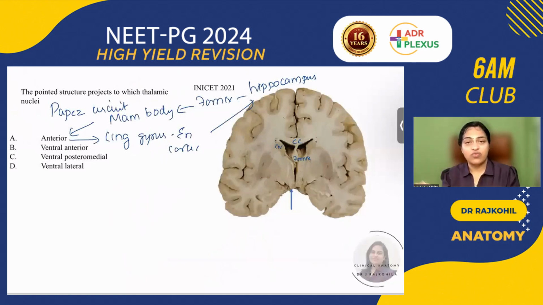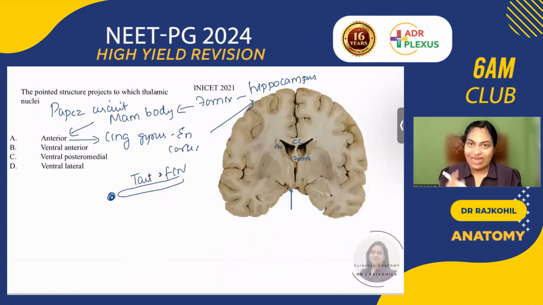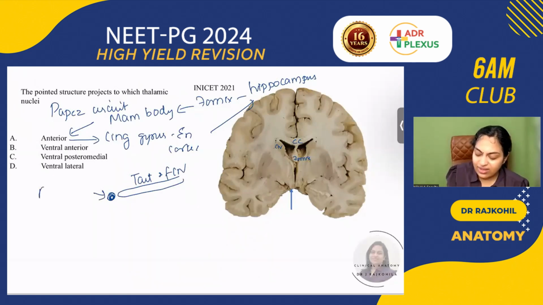What are the structures forming the roof of the inferior horn of the lateral ventricle? The tail of the caudate nucleus. If this is the tail of the caudate nucleus in the roof of the lateral ventricle inferior horn, what is this structure that lies in contact with the tail of the caudate nucleus? Any idea? It is the amygdala or the stria terminalis that comes from the amygdala.